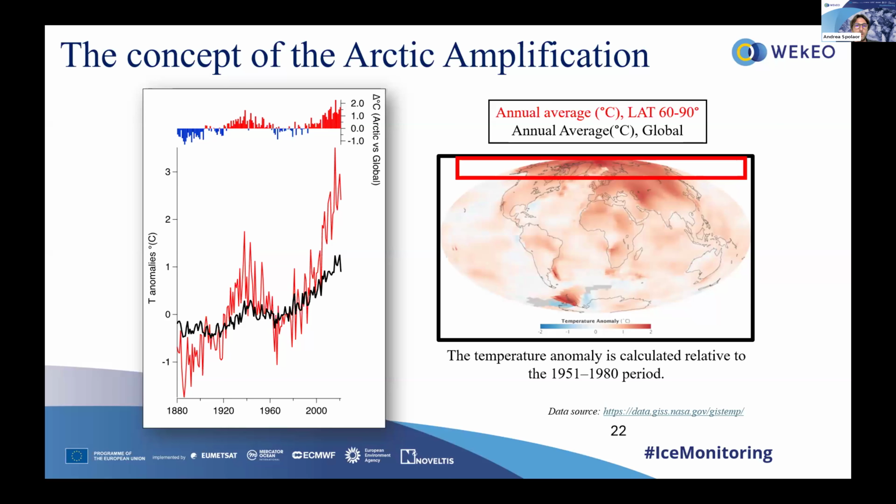and I think most of you have already heard about the Arctic amplification. The Arctic amplification is a phenomenon where the Arctic is warming at a faster rate compared to the global average. If you look at the chart on the left, in black we can see the average global temperature trend, from the beginning of the 19th century to the current time, while in red we see the temperature in Svalbard.